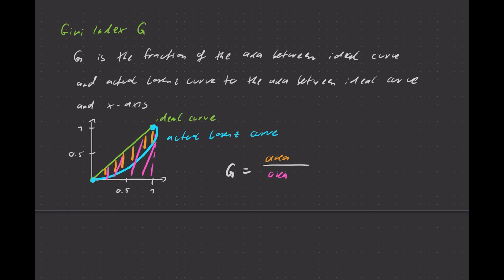That's the Gini index. With perfect equity, we have the ideal Lorenz curve, so the orange area is 0, and that means the Gini index becomes 0. For maximum inequity, we have a Lorenz curve that looks like this here, so nobody has anything apart from one person who owns all the wealth. That is the worst Lorenz curve that we could have in terms of equity, and then the Gini index would be 1.